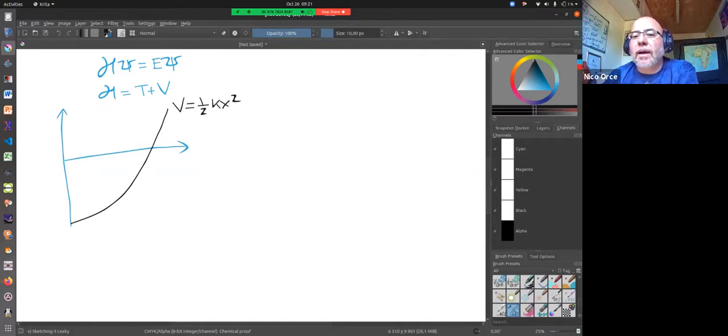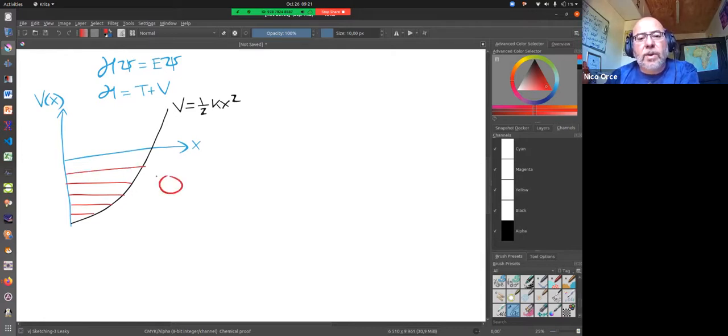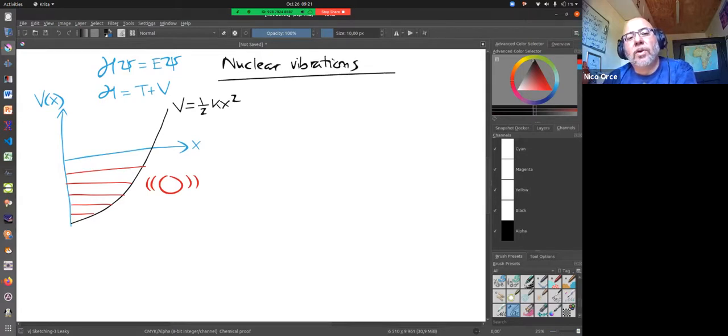Here we have x, and here we have the nuclear potential V(x). Our goal is to determine all the bound levels for a nucleus when it is oscillating or whatever it is doing. We're going to study nuclear vibrations. So how does a nucleus which is vibrating look like? This is the question that we want to answer.